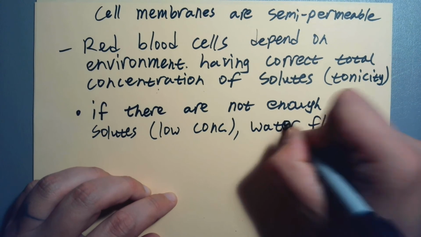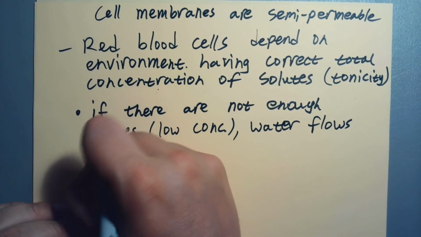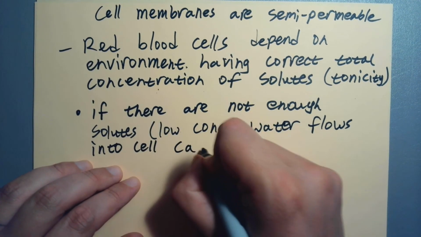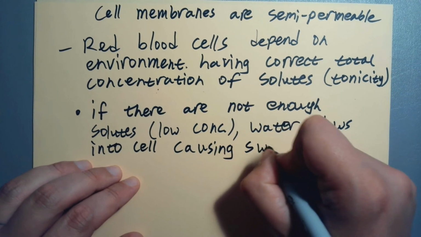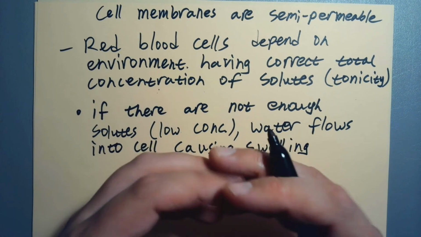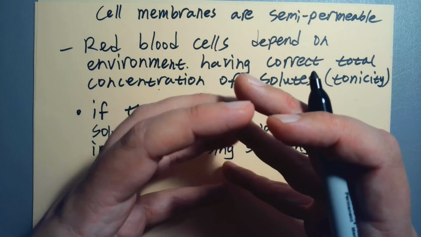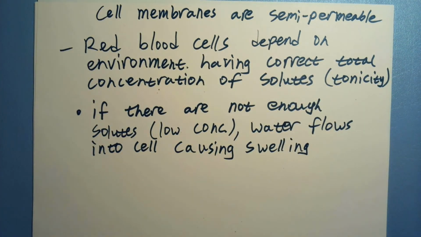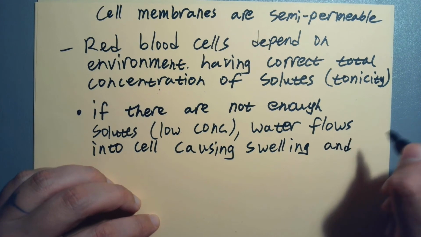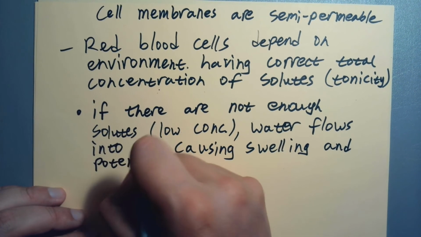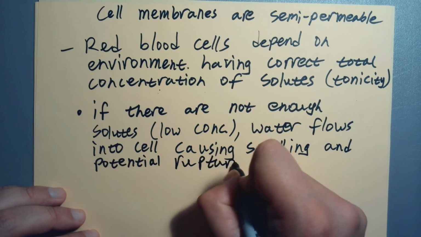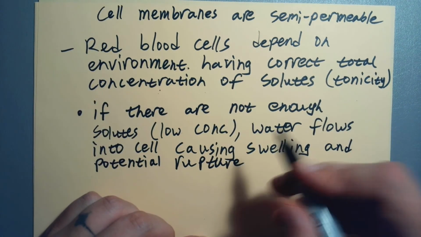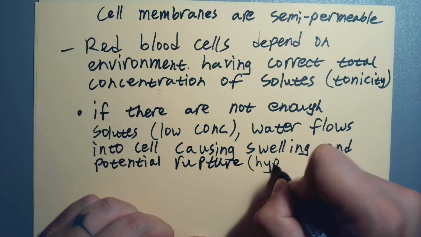So water flows into the cell, causing swelling. It's like an inflating balloon. And at a certain point, it can't swell anymore, so it ruptures. So it causes swelling and potential rupture, which is not ideal. I'm going to give you a hint. Red blood cells, when they rupture, tend not to function, so that's a problem. So this is a hypotonic solution.